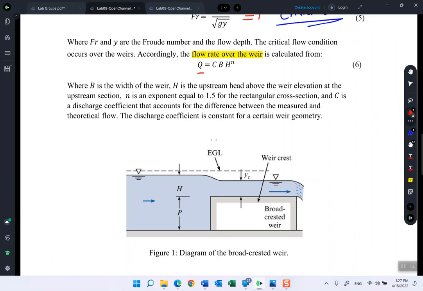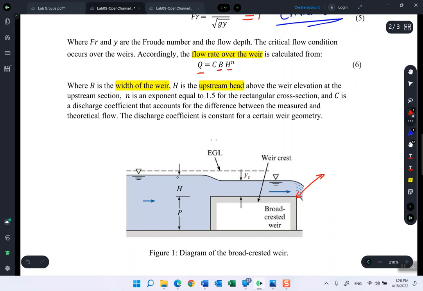So let's see the parameters inside this equation. Here it says that B is the width of the weir. Of course, this is a 3D structure. It has 3 dimensions. This is the width, the dimension that is not appearing in this image, the width perpendicular to the picture itself. And it also has the upstream head, H, this parameter here.